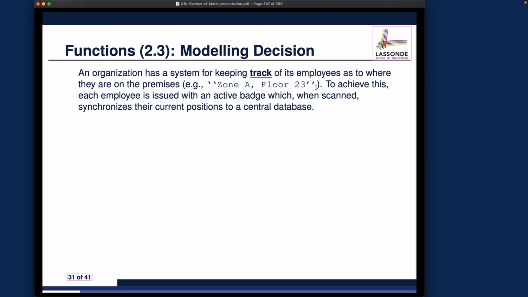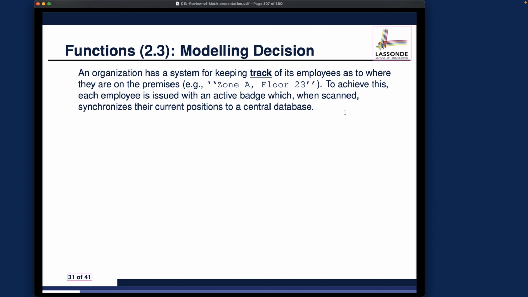Obviously, an employee cannot be at 2 locations at the same time, right? It's obvious in reality. To achieve this, each employee is issued an active badge, which whenever you scan the badge, maybe at the door, will synchronize the employee's current position to some central database, right? It's a very common scenario that happens in the real world. So hopefully you can see some more connection between math and reality.